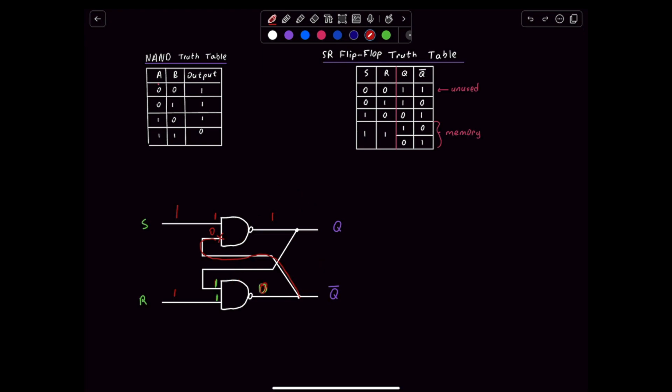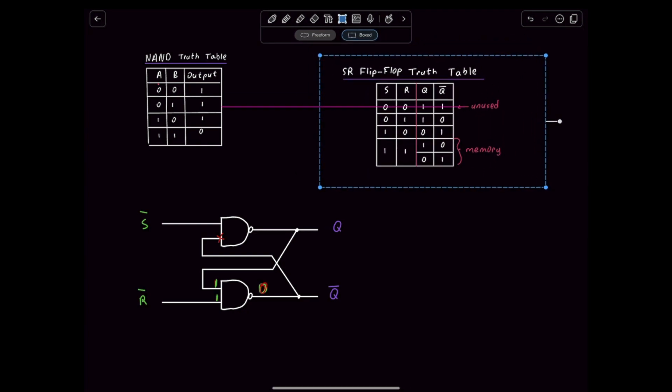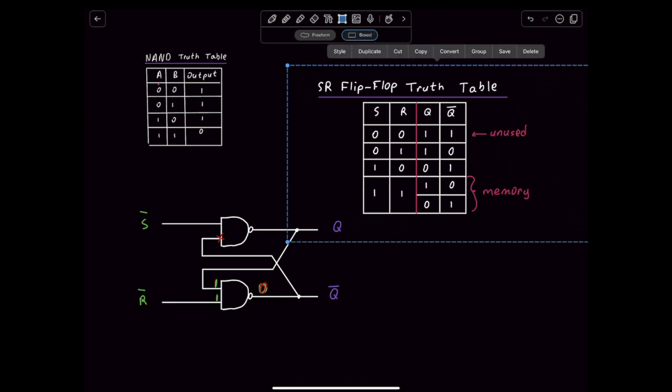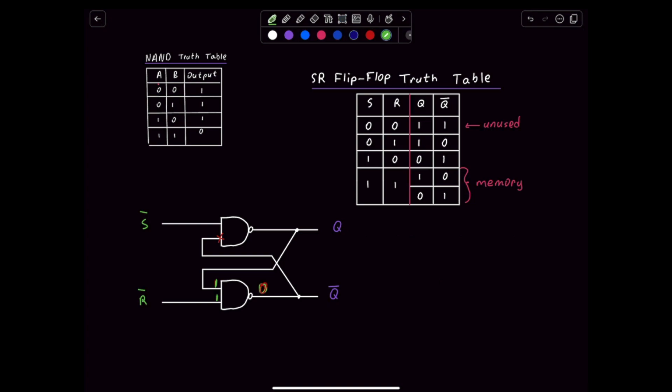All right. There's one more thing I want to mention, and that is the fact that a lot of books and a lot of places, people actually have a bar at the top of S and a bar at the top of R. Now, why is that? Because when you look at the truth table, if we just make it bigger and take a look at it, do you see when you have S 0 and R 1, we're setting Q to 1.